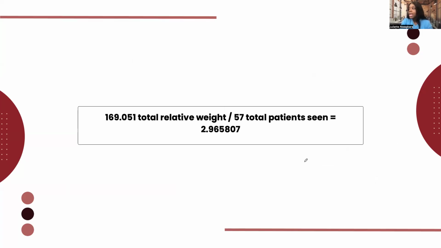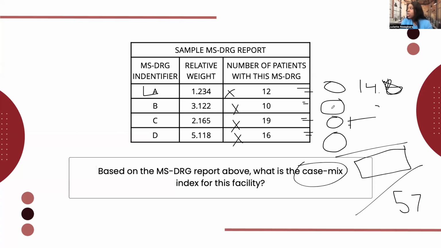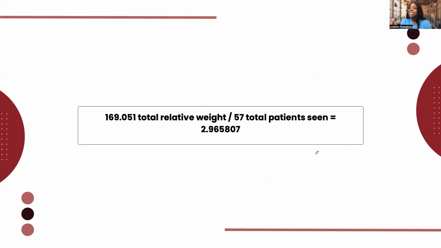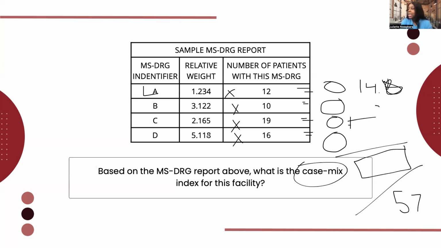Okay, so if you guys can see here, if you did all that math, the total that you would get is 1.69. So the total of all these different ones here, when you add these all together, you will get 1.69.051. You divide it by the number of patients, which you saw how I did that, and then the case mix index will be 2.96.